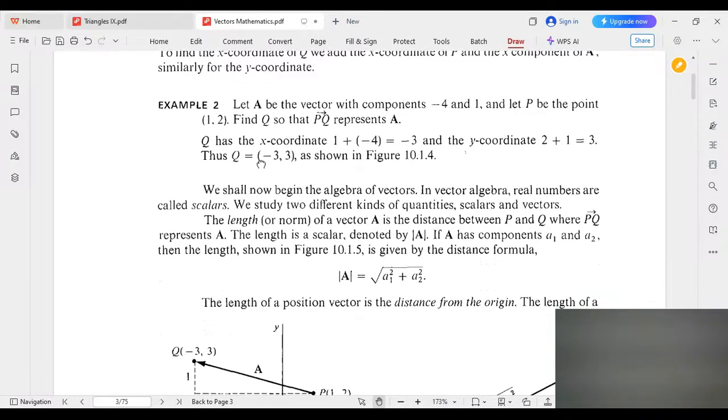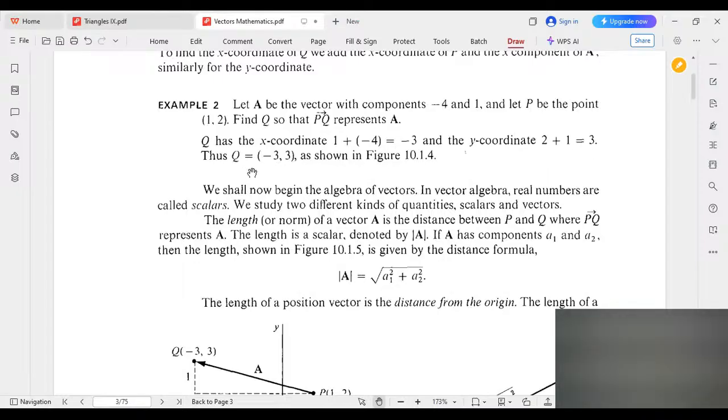Let's see this example. Let A be the vector with components minus 4 and 1. Let P be the point 1, 2. Find Q so that PQ represents vector A. Q has the x coordinate 1 plus minus 4, which equals minus 3, and the y coordinate 2 plus 1 equals 3.